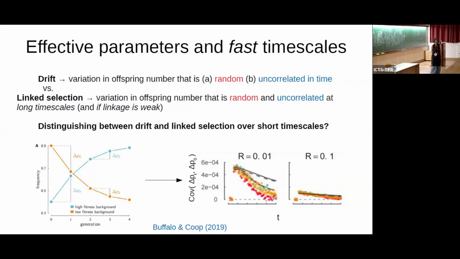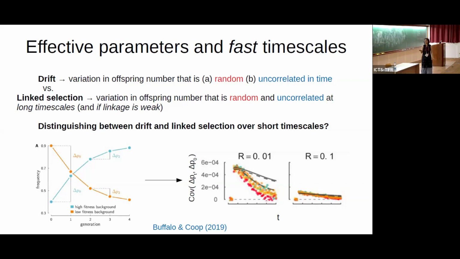And one of the things that they applied this to was data from experimental evolution, also for Neda and Christian's experiments, where they saw these kinds of signatures of linked selection. And this becomes quite important because very often, with polygenic selection, we cannot actually infer selected targets.